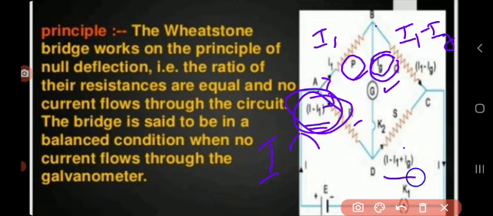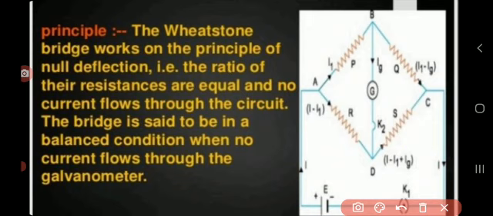So the total current is I minus I1 plus Ig, and this is passed through S. And at point C, these two currents I minus I1 plus Ig and I1 minus Ig are added up, and finally I current is returned back. This is the distribution of current through the Wheatstone bridge.